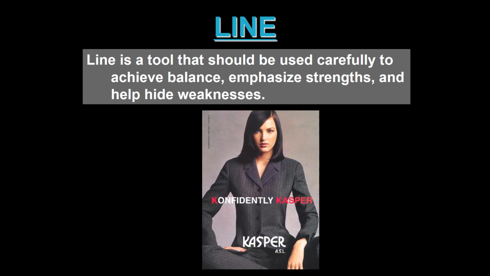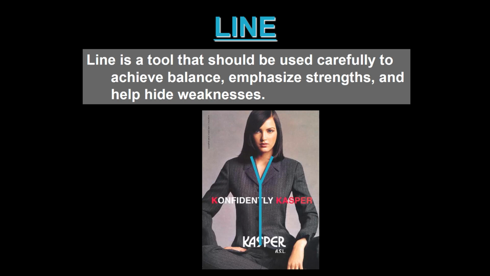So, when we are talking about lines, it's really a tool, the initial tool in your tool belt, that we can use to create balance, maybe emphasize strength or hide weaknesses. Again, that might be in relationship to a garment on the body or a landscape or an architectural environment or experience as well.